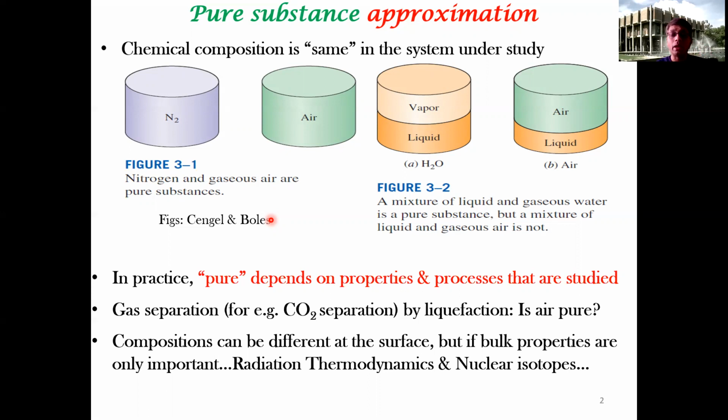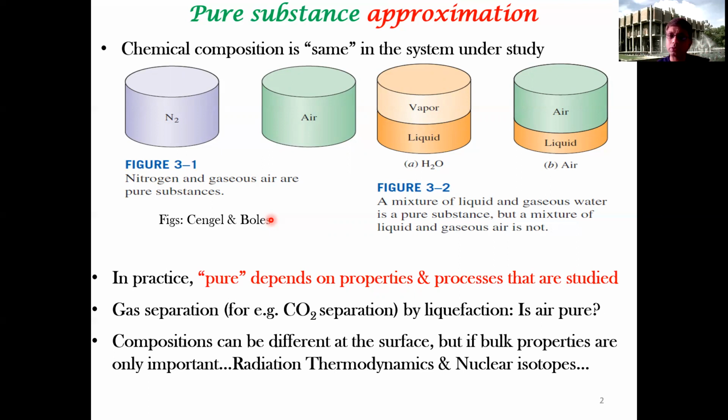Let's say if you are considering radiation thermodynamics, there can be nuclear isotopes that might have very different radiation properties. Even though the entire system under study may have chemically uniform composition, if you're looking at radiation thermodynamics, would you call that a pure substance?